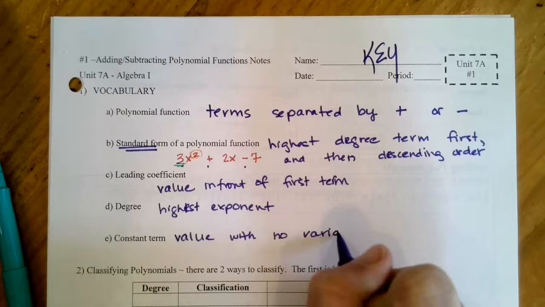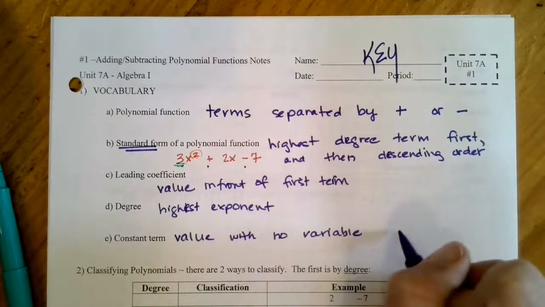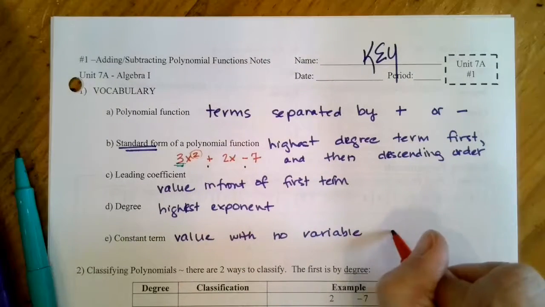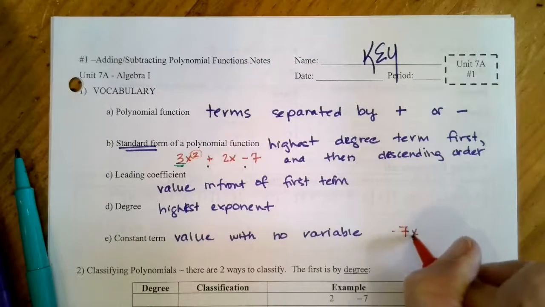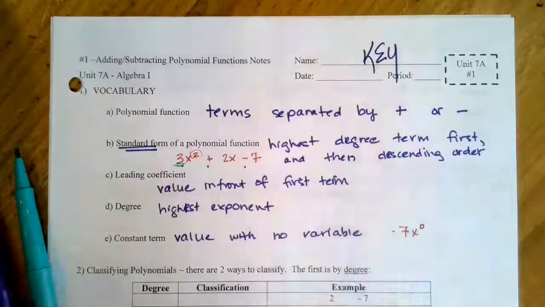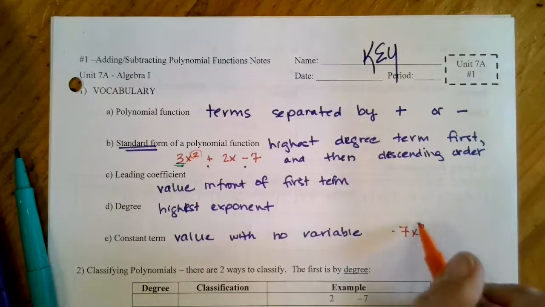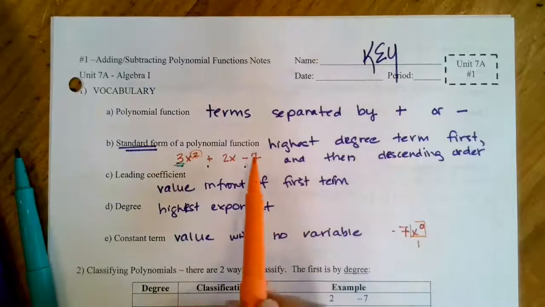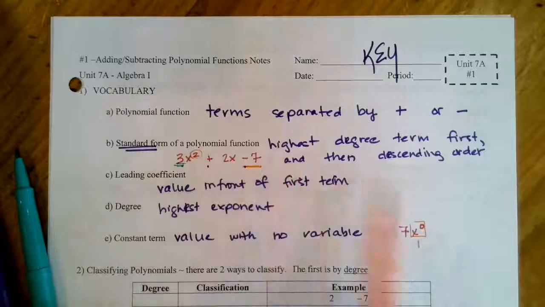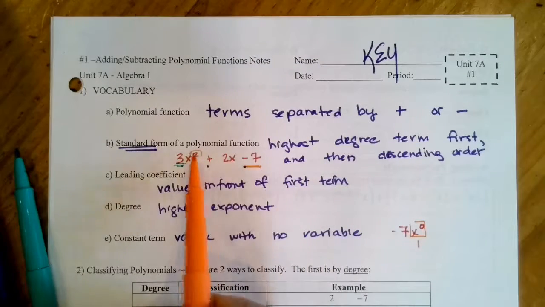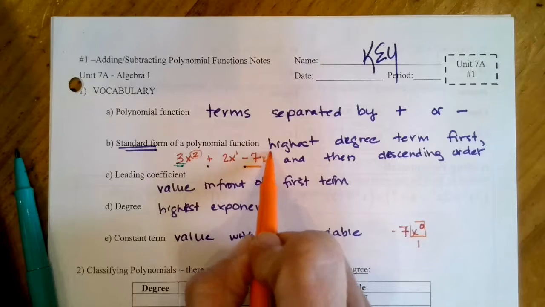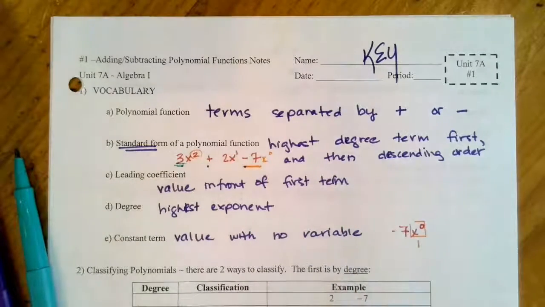Now, what I want you to also realize is that if I have here, for example, a negative 7, we could say that that's x to the 0 power. We know that x to the 0 power is worth 1. So this would have a value of 1. That's why this negative 7 here has no x's. 2 x's here, 1 x here, and of course, no x's there.